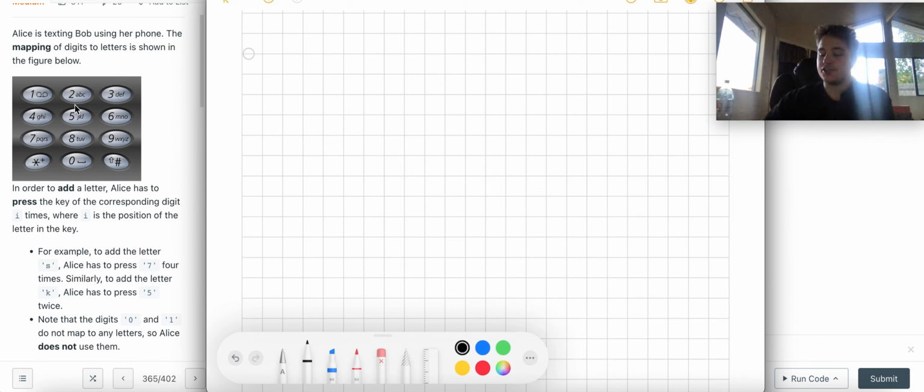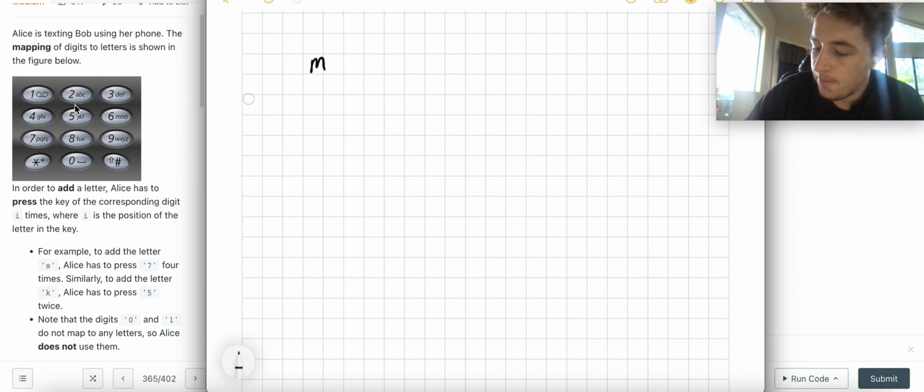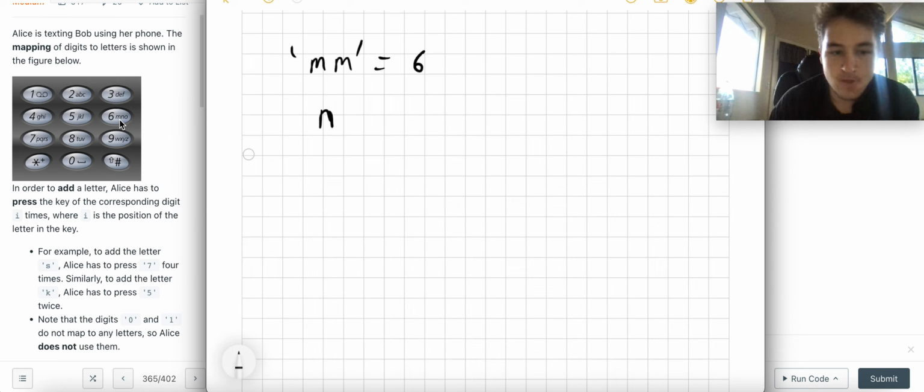Well, say I want to type the sequence MM, and I also want to type the single letter N. To type MM, I hit 6 once, wait, and then hit 6 again.